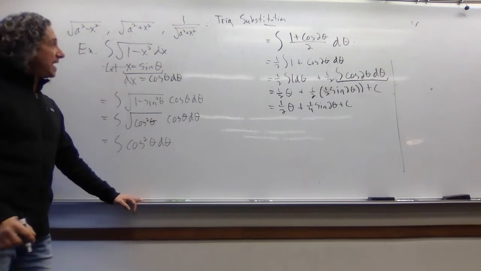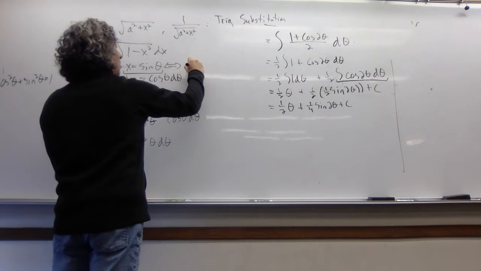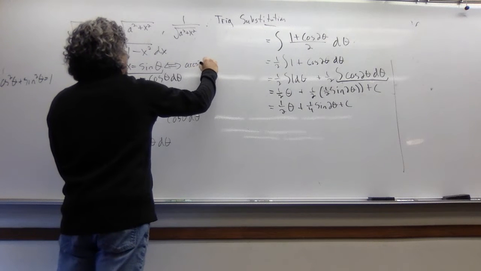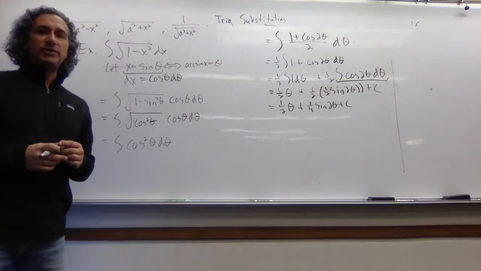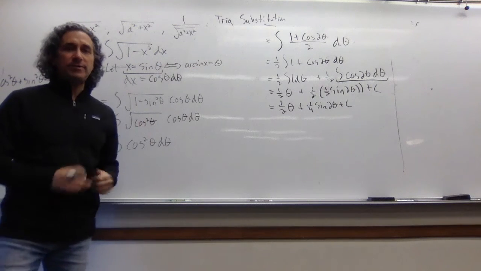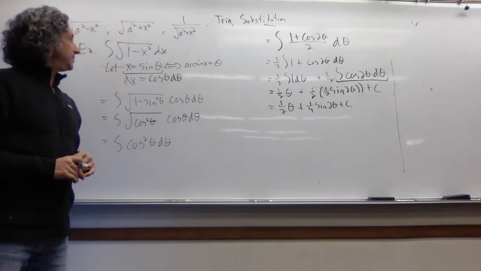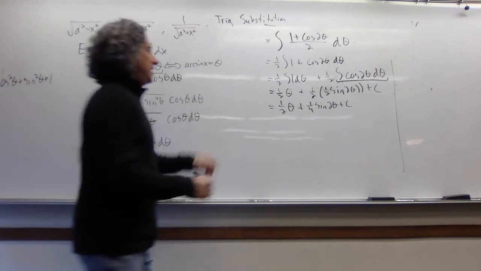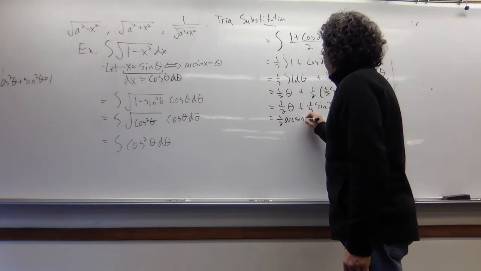We know that x is sine theta, but that's true if arc sine of x is theta. So again, arc sine is the inverse function of sine. If you forget about that, you want to check that out, do a little bit of Googling, something you would have seen in differential calculus. So arc sine of x is theta, so this is 1/2 arc sine of x.